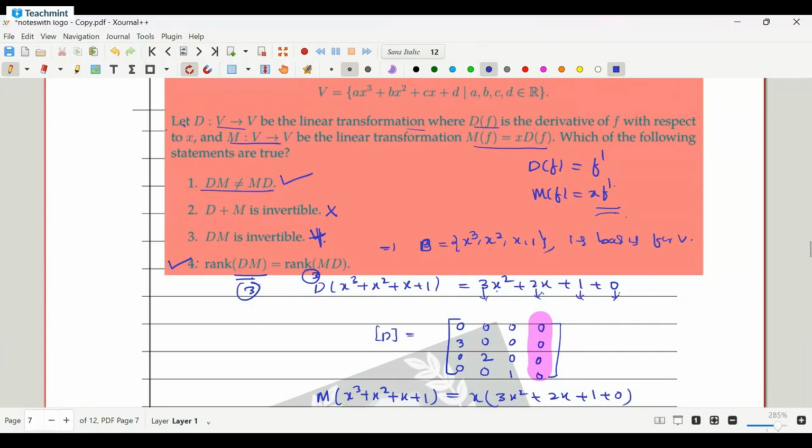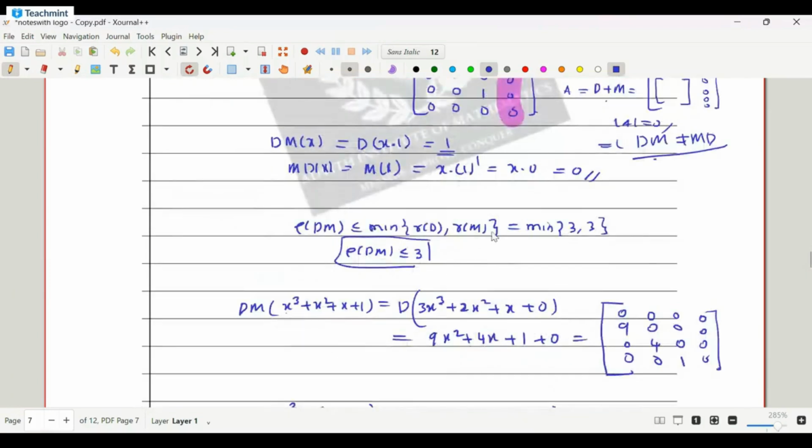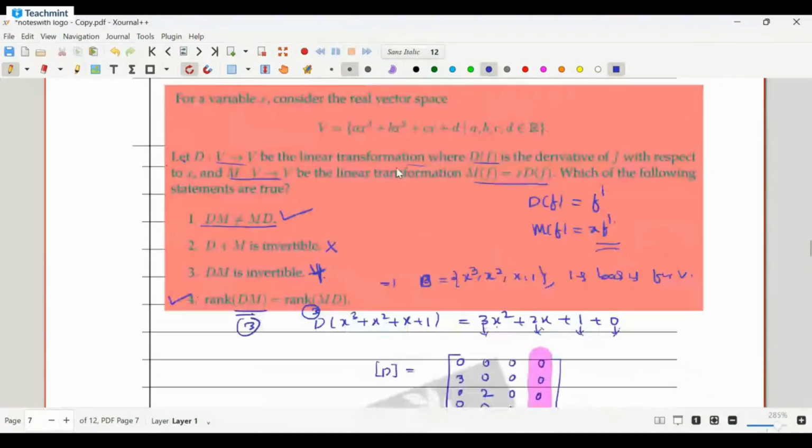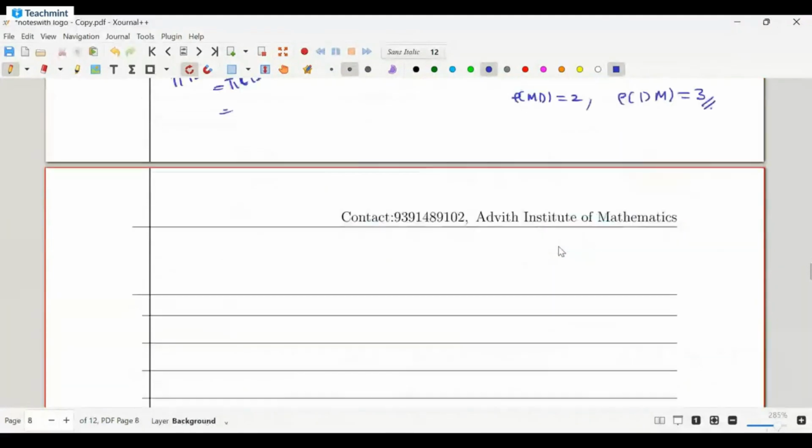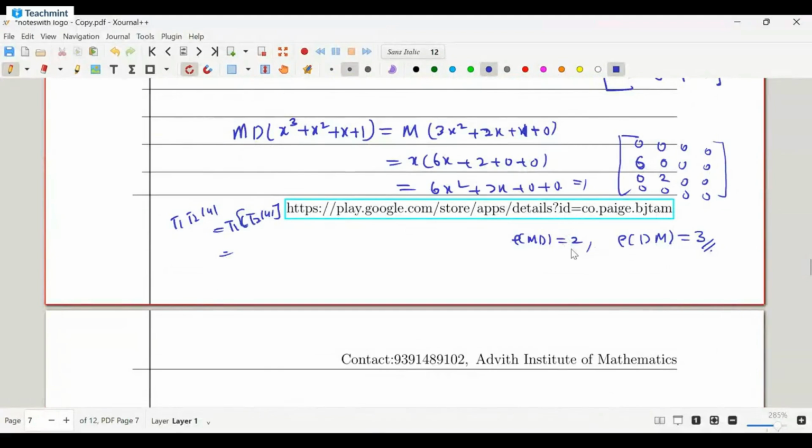Only this one is true. నేను DM not equal to MD కాబట్టి ఇక్కడ రైట్ టిక్ కొట్టిన, క్రాస్ గుర్తు పెట్టాను. ఓకే, దిస్ ఈస్ ట్రూ. అండ్ ఇది కాదు సార్, సో మనం చేసింది కరెక్ట్. ర్యాంక్ ఆఫ్ DM ఈజ్ నాట్ ఈక్వల్ టు ర్యాంక్ ఆఫ్ MD. ఎందుకు దీనికి ర్యాంక్ ఆఫ్ DM ఈజ్ 3 వచ్చింది, ర్యాంక్ ఆఫ్ MD ఈజ్ ఈక్వల్ టు 2 వచ్చింది.